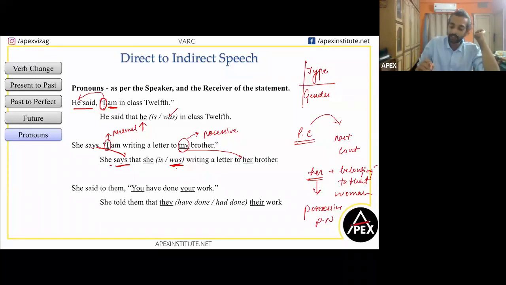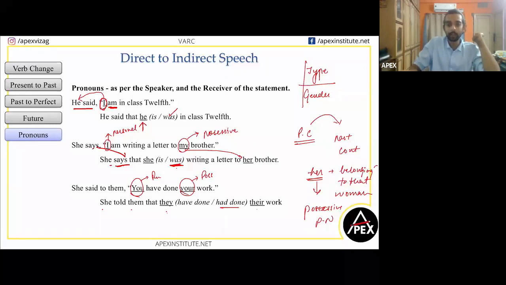Same way this one. She said to them, you have done your work. Here what are the pronouns? You and your. Now here again, your is a possessive pronoun. You is a personal pronoun. So she told them that they had done their work.